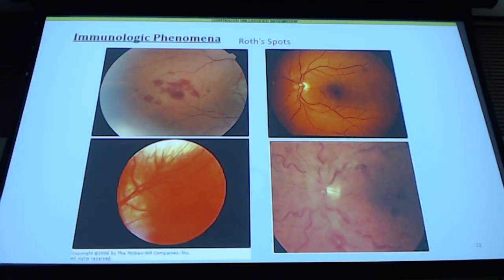And then now we're looking at the immunologic phenomenon. Roth spots affect the retina. You can see it's like this central clearing with this halo appearance of erythema around it.